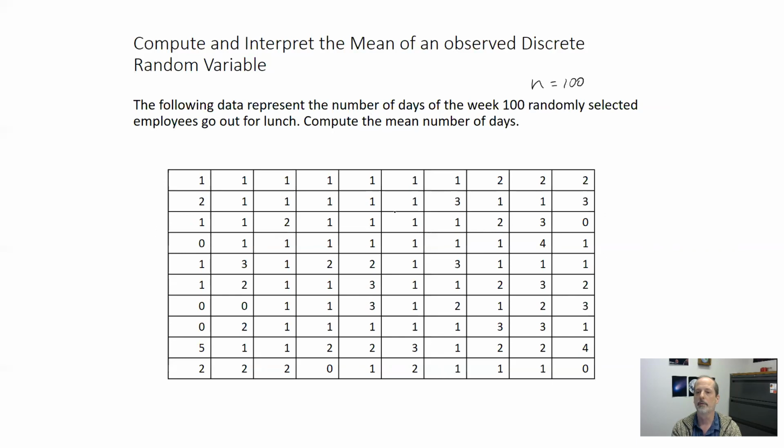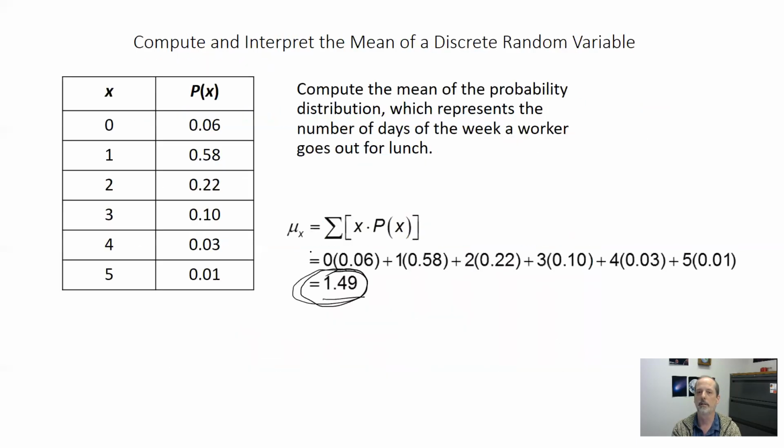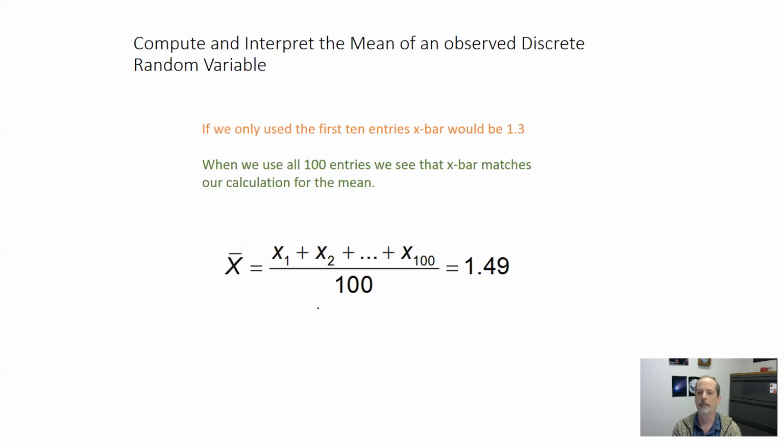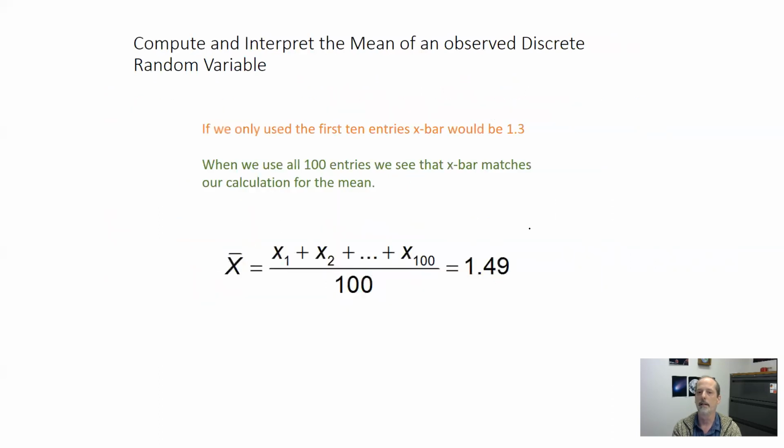Looks like most of them are in the 1 range, but this is from a sample, so this doesn't necessarily adhere to the probability distribution that it's a sample for. So let's look at the results. If I add up each of these cells and divide by the number of cells, which is 100, then I get 1.49.